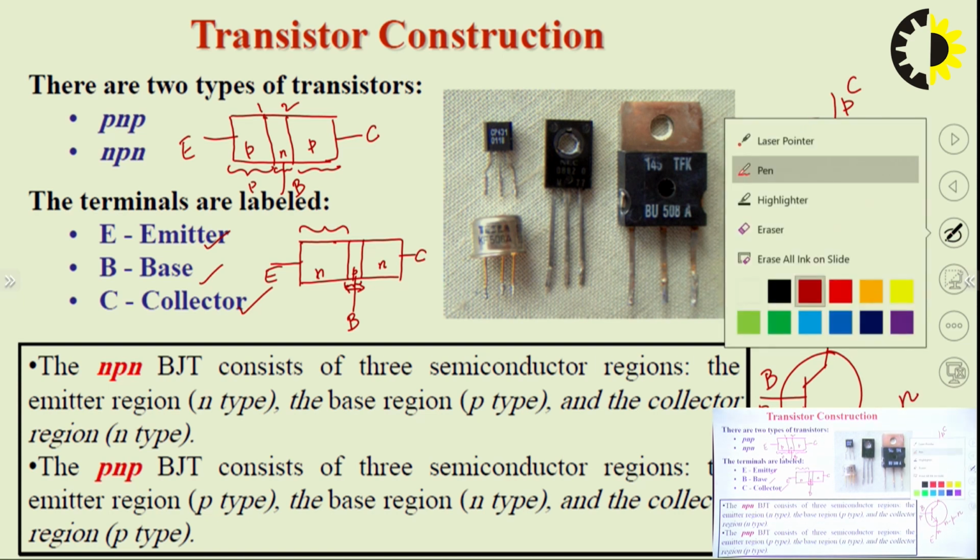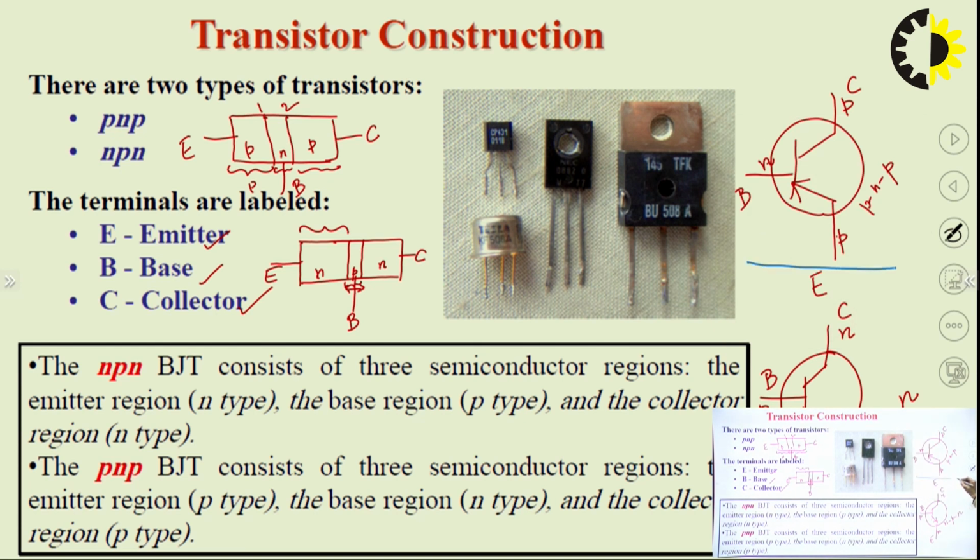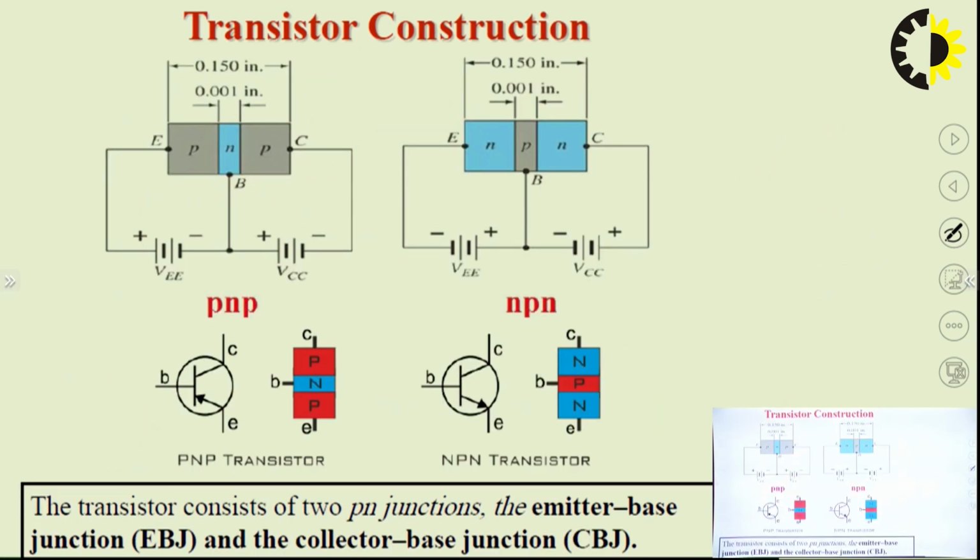So here we can have the symbol for PNP and we can have the symbol for NPN. So this is the simple introduction for the NPN and PNP transistor. As I said, if the arrow is inside, the transistor is PNP. If the arrow is outside, the transistor is NPN. So this is the symbol for the PNP and NPN transistor.